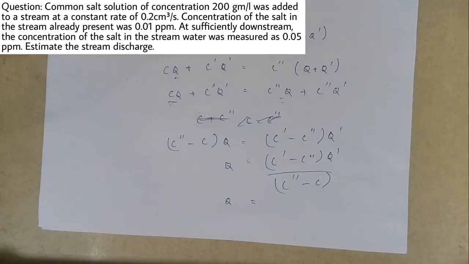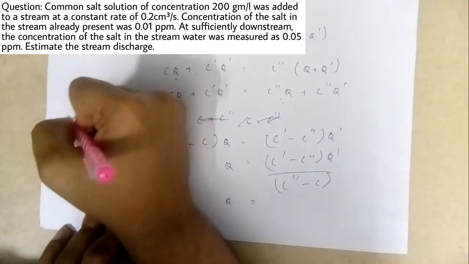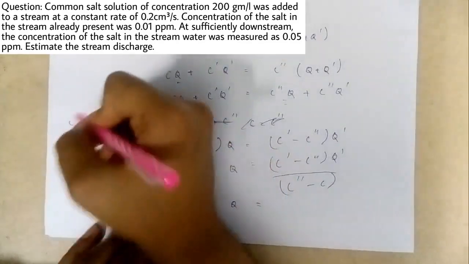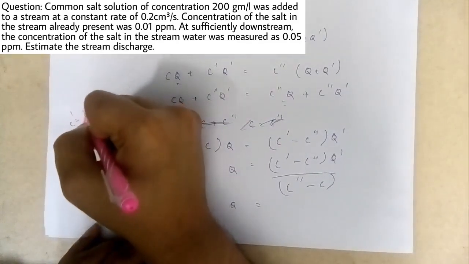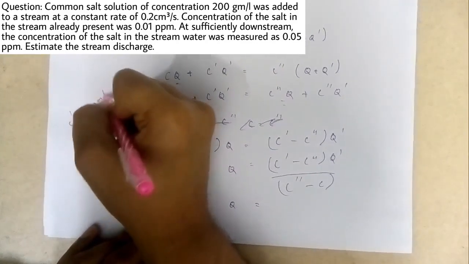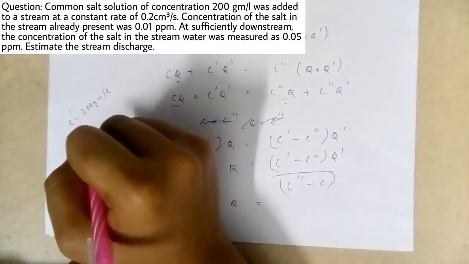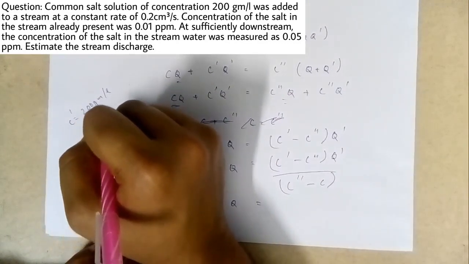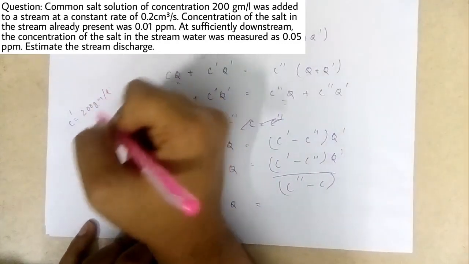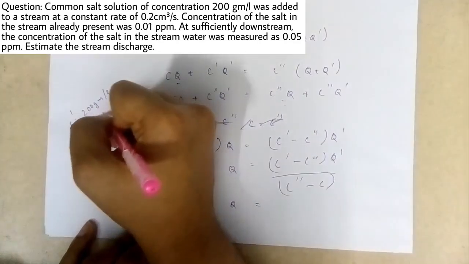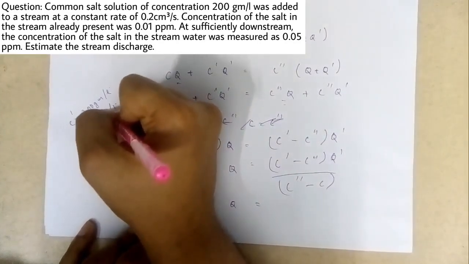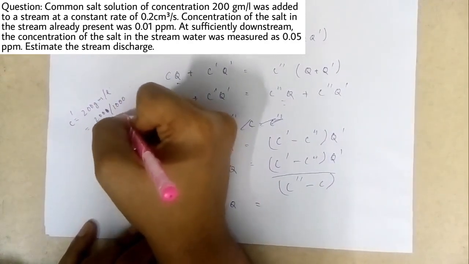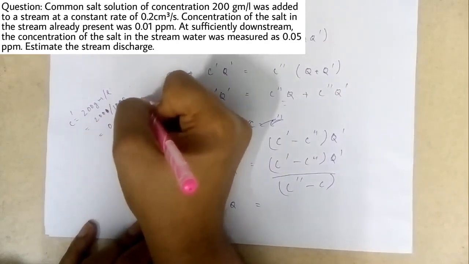C prime is equal to 200 gram per liter, and as you know, 1 liter is equal to 1000 gram, so it is 200 by 1000, which you can write as 0.2 gram per gram.